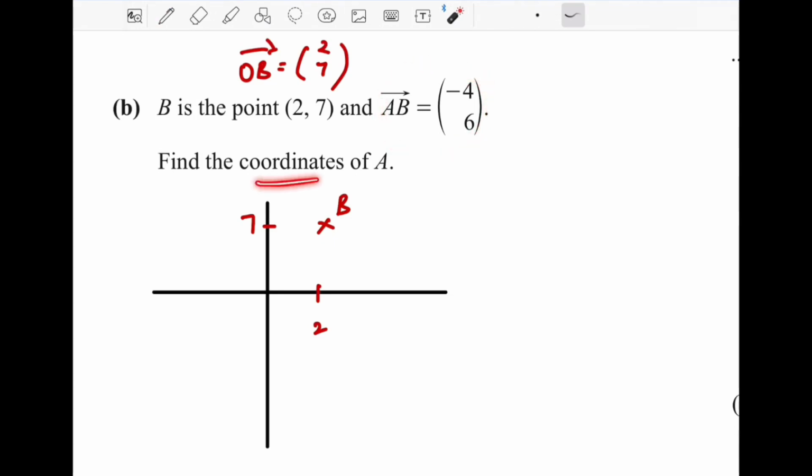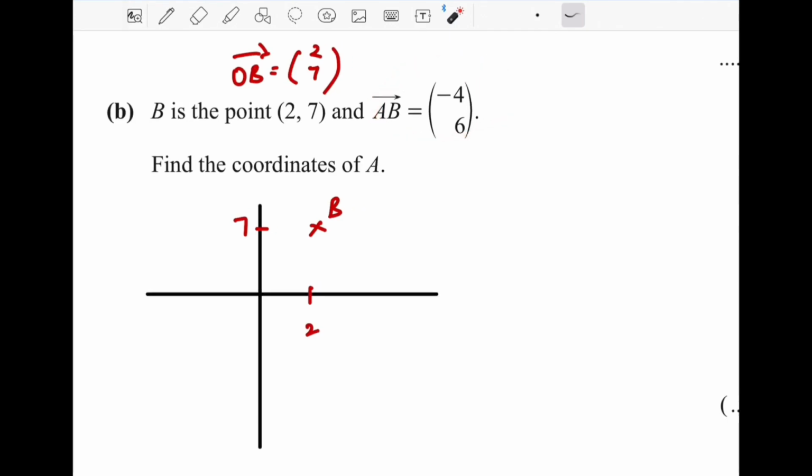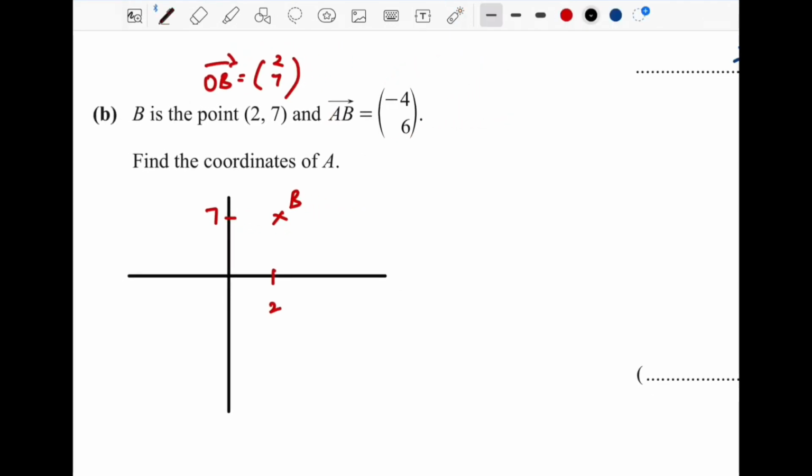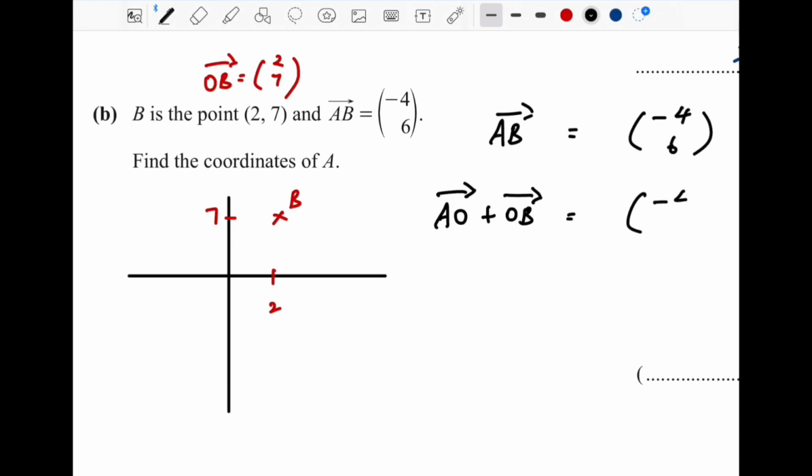AB is -4, 6, then try to find A. We try to break AB down into more parts. AB, you can break it down to A to O, and then O to B. Still AB, right? Why do we do that? Because we know about OB. So we can have AO plus 2, 7 equals -4, 6.